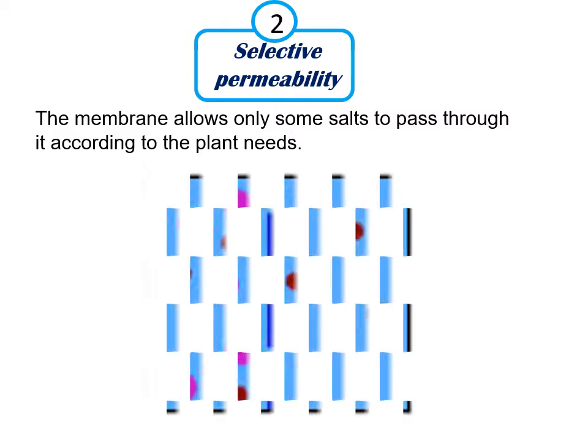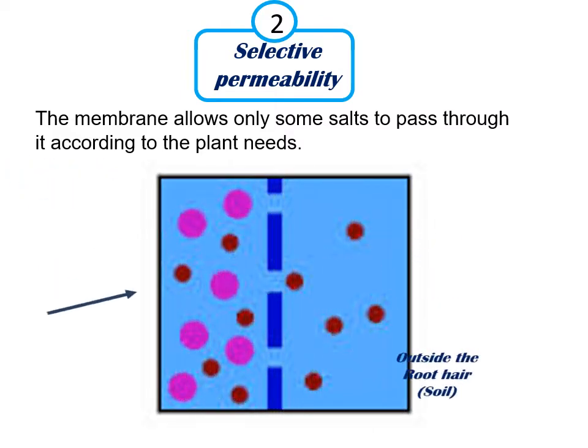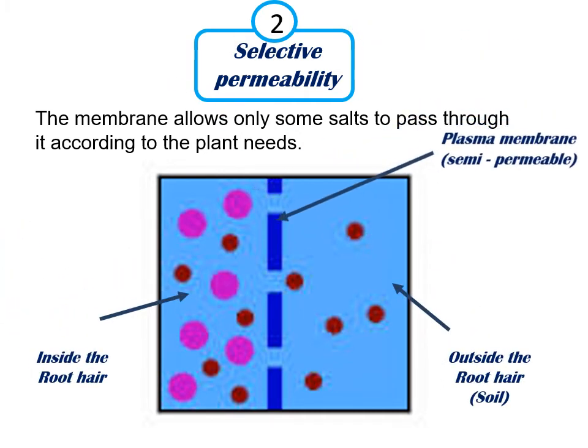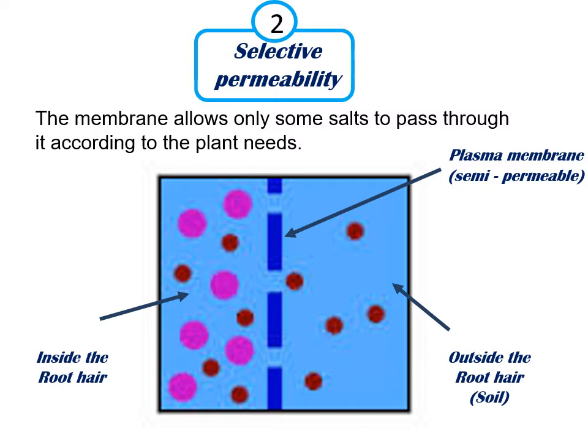The opposite figure shows the plasma membrane which separates between two areas. The space on the right represents the soil, while the area on the left represents the area inside the root hair. There are two types of circles, pink and red.